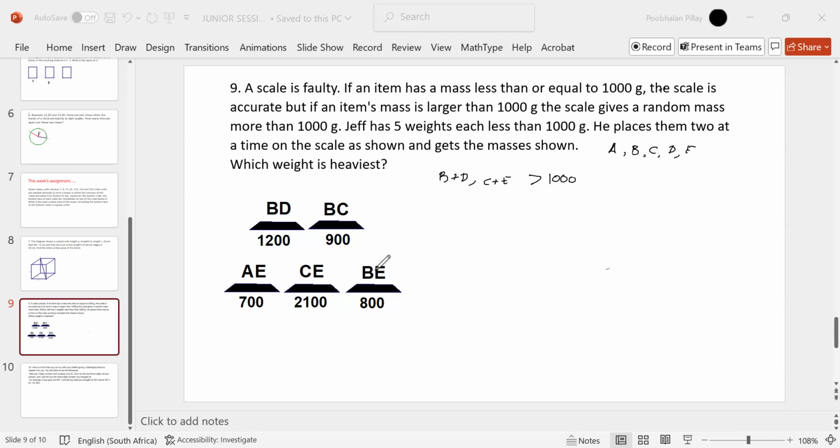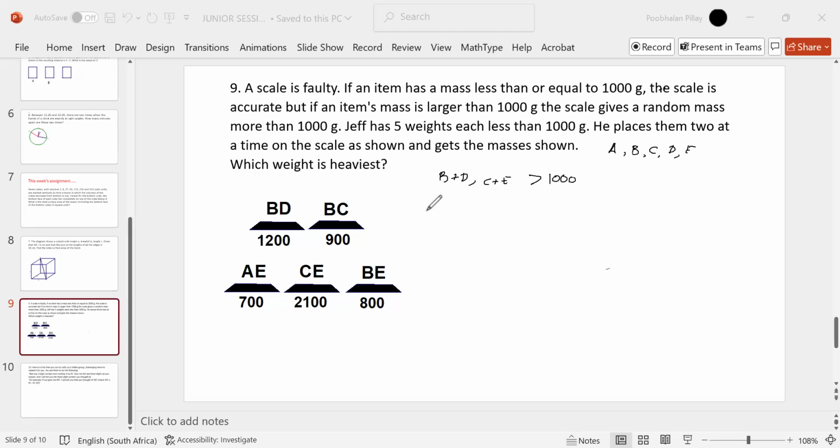So which weight is the heaviest? Actually, you might get confused with this, but a little bit of thought will tell you, look, I've got the same quantity here, BD I got here, and I got BC here. Now this is more than 1,000. This is less than 1,000, right?